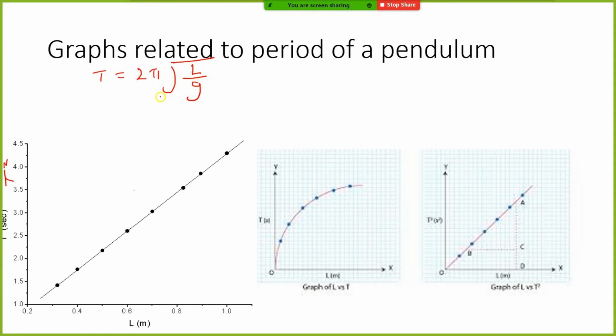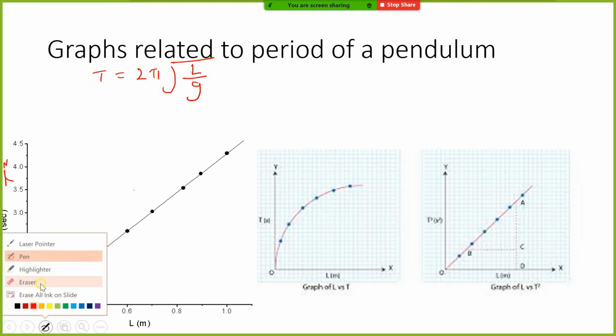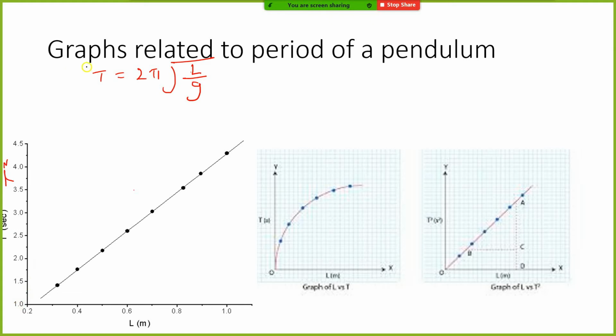So one of the first things we're going to do is square both sides. The whole reason for squaring both sides is to get rid of the square root mainly.